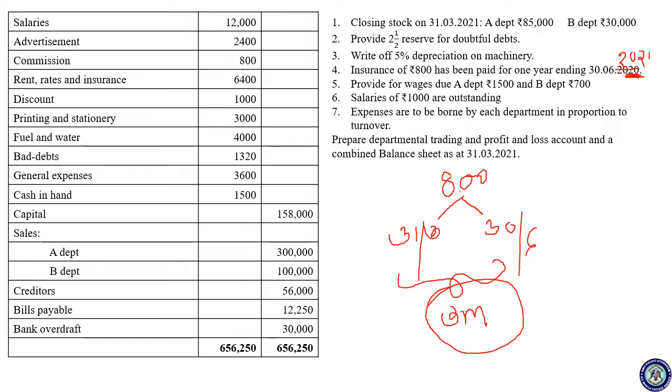Now how to calculate 3 months? See, you have to calculate the prepaid money. 800, that is for 12 months, means full year. Here they have given it has been paid for 1 year, correct? You want what is the prepaid amount for 3 months, that is cross multiplication.